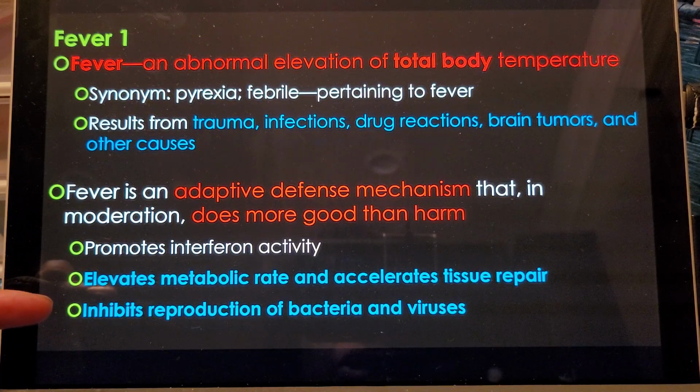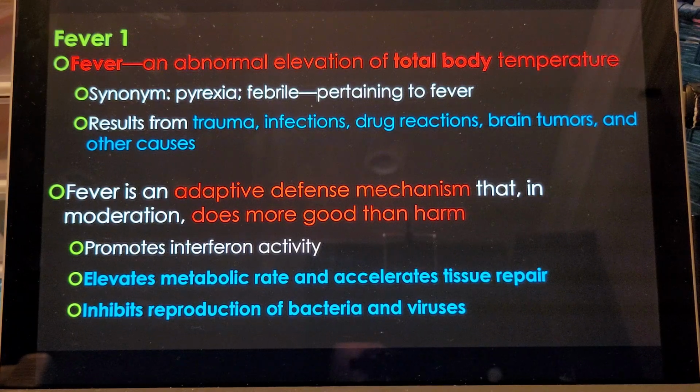It also inhibits the reproduction of viruses and bacteria. So many of the viruses and bacteria that can infect us and live inside our body, or just reproduce, in the case of viruses, reproduce in our body, they work best and function best at the same homeostasis set points that we have. So certain, for example, bacteria, let's say you ate something and it wasn't as clean as it should have been, that bacteria gets into your stomach.